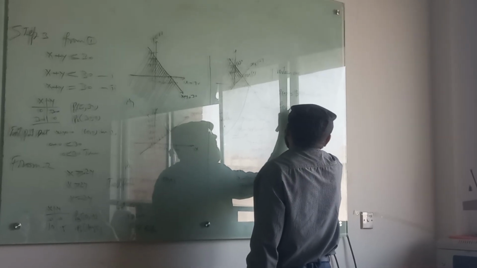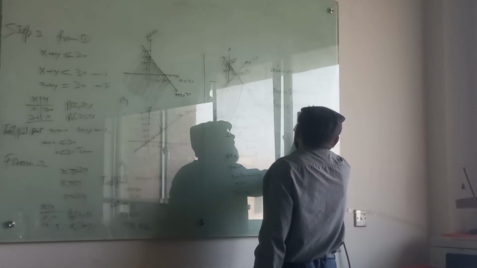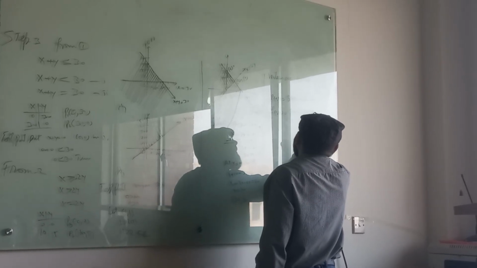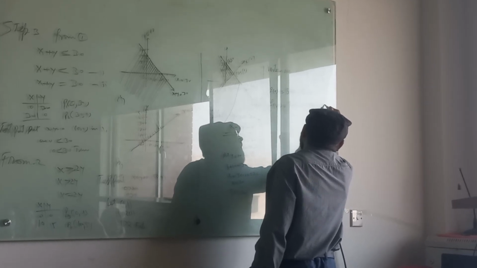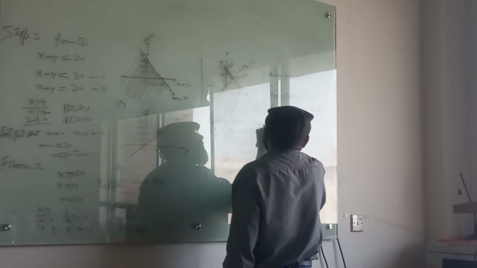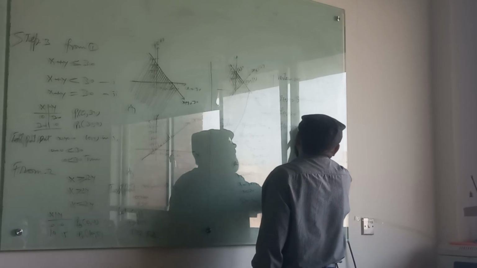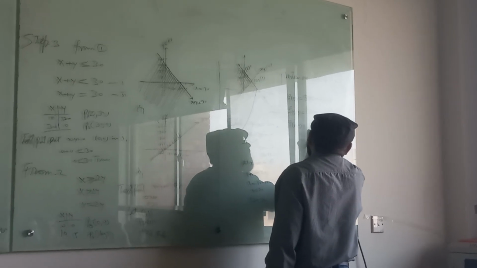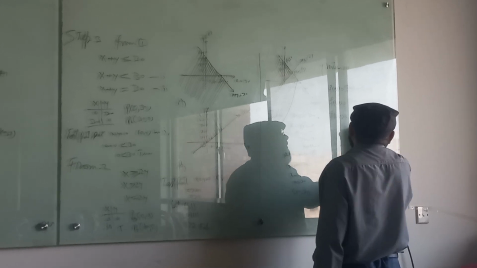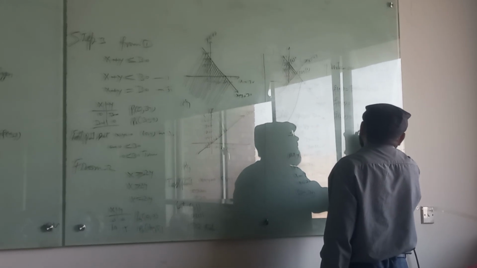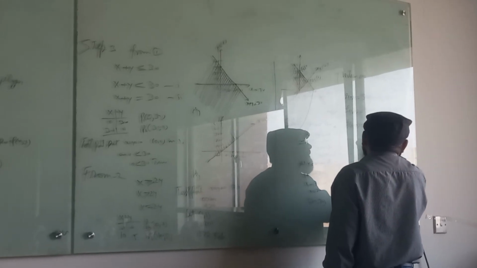For 0, 30: 40 times 0 plus 60 times 30, this dollar. And for 20, 10: 40 times 20 plus 60 times 10, $800 plus $600, $1,400.